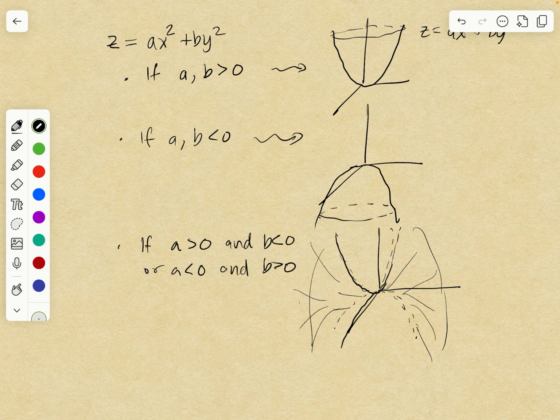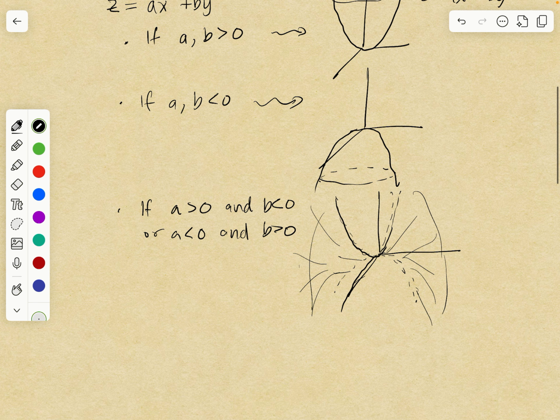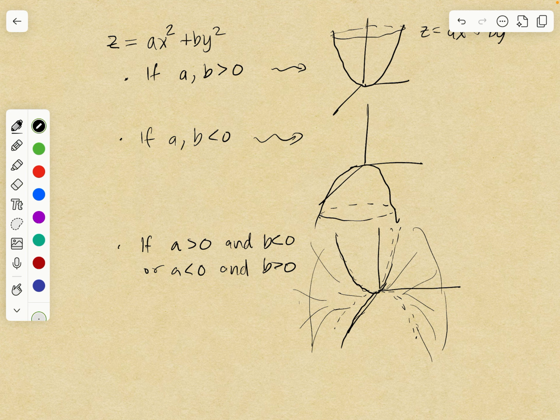It's this weird shape that looks like a Pringle chip. Okay, and the point 0, 0 in the first case is a minimum, and in the second case 0, 0 is a maximum. In this case 0, 0 is what's called a saddle point.